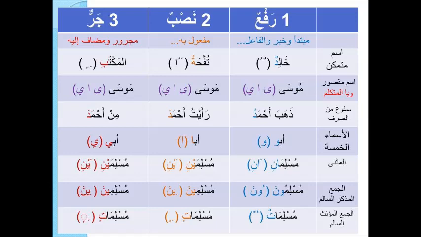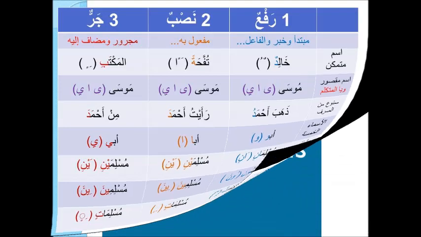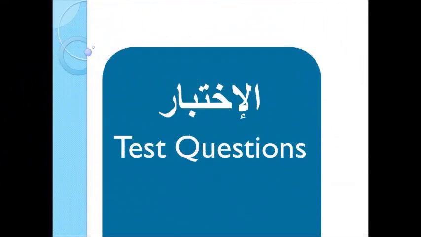And the jama' mudhakkar salim, with a waw in the state of rafa' and a ya in the state of nasab and jar. And Jam'a al-Mu'annath Salim is reflected with the Dhamma or Dhammatan in the state of Rafa, and in the state of Nasb and Jar with Kasra or Kasratan. This completes our Level 2 review, and now you may test your knowledge with the following test questions.